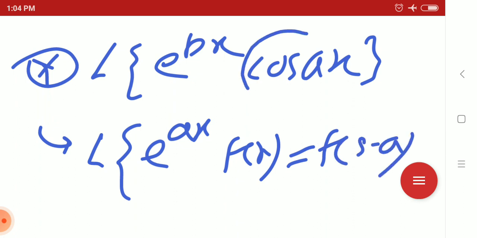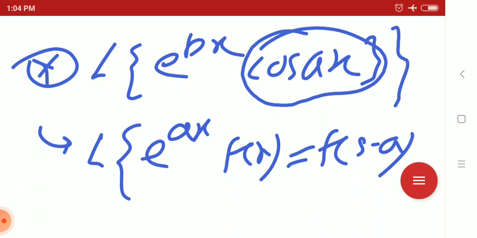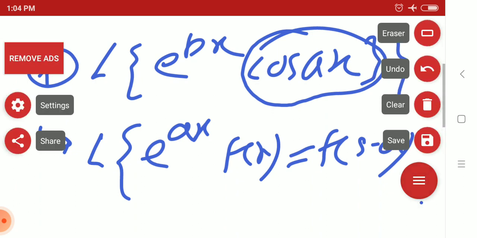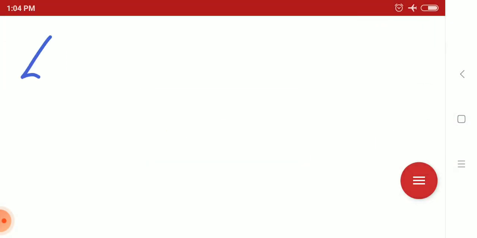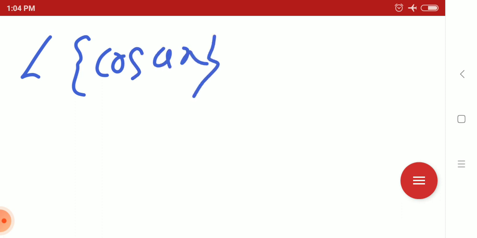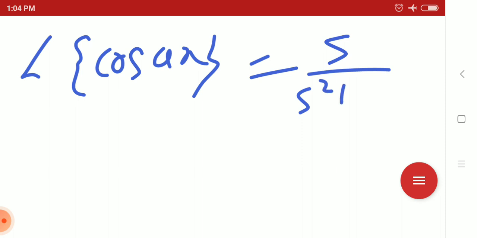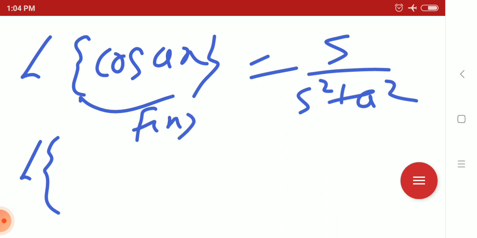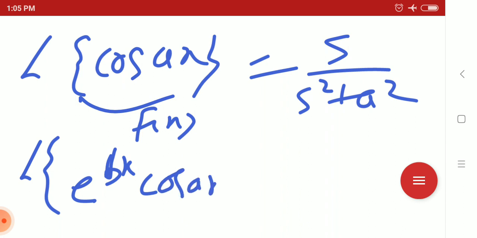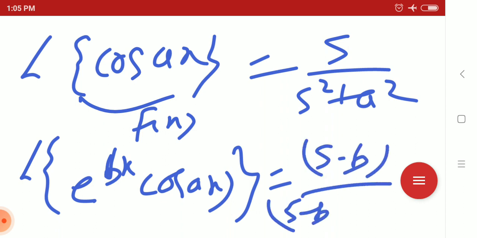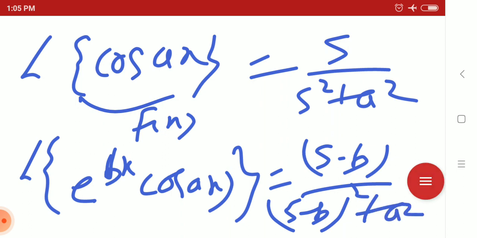Here f of x is cos of ax, and the Laplace transformation of cos of ax is s by s square plus a square. Now, using the shifting property, for e to the power bx, s will be replaced by s minus b.